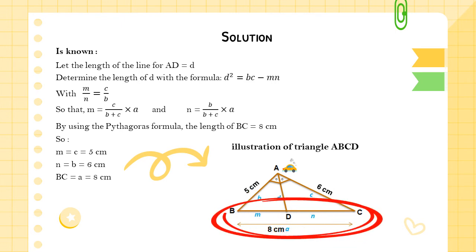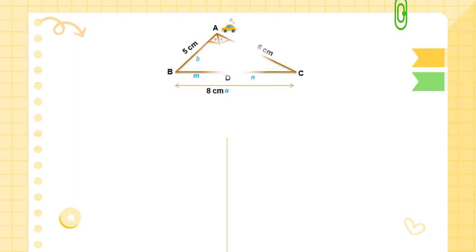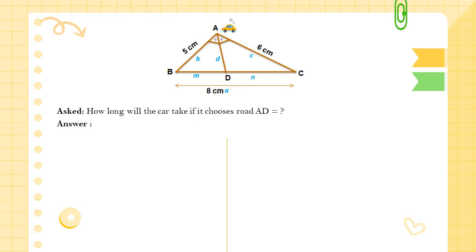And we know that the value of BC is 8 centimeters. Okay, after we know that line BC is 8 centimeters, next, we ask, how long will the car travel if it chooses route AD? Answer: first, we have to determine the length of M and N.